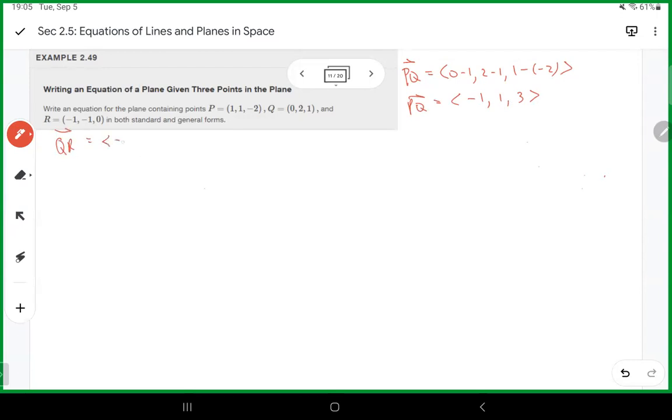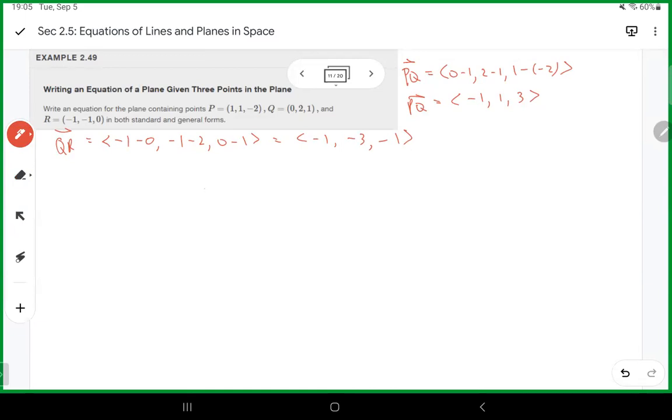So that's 1 minus 0, negative 1 minus 2, and 0 minus 1. So that's going to be negative 1, negative 3, negative 1. Okay, so we're going to use those to help us out.